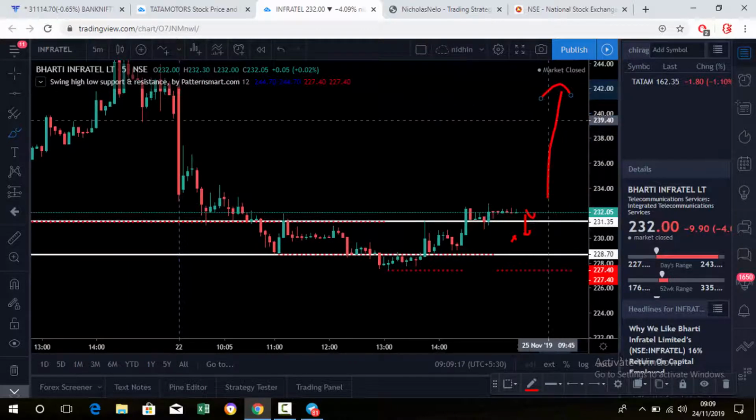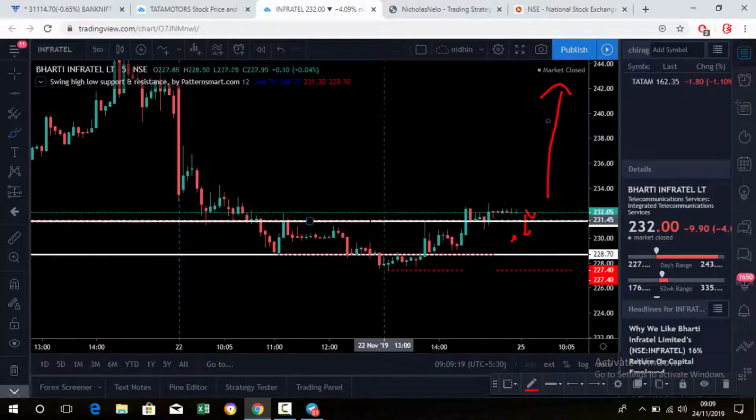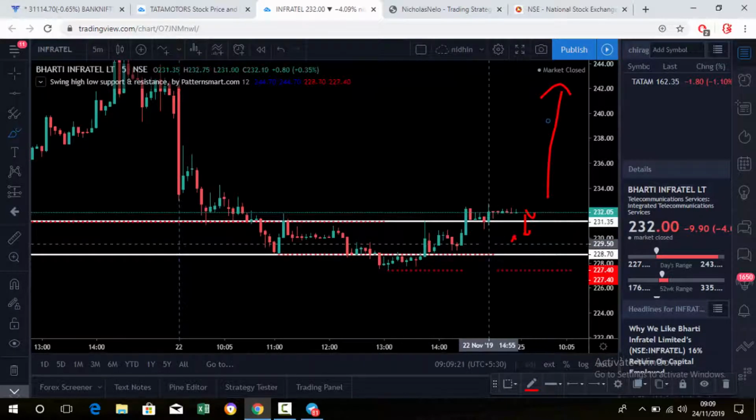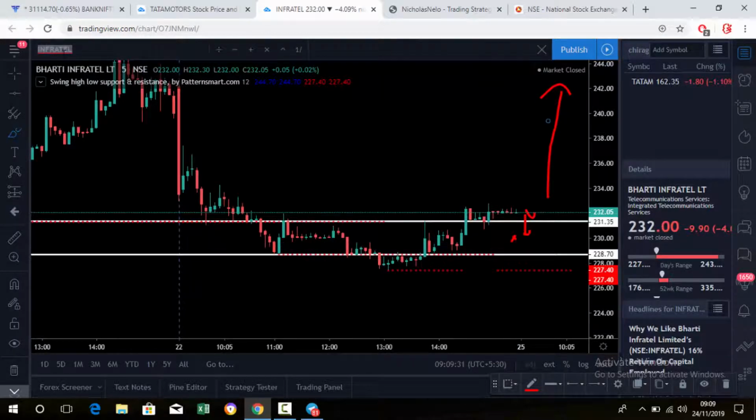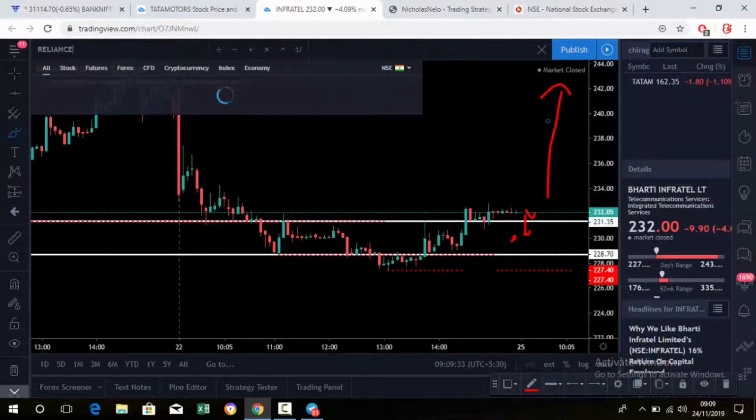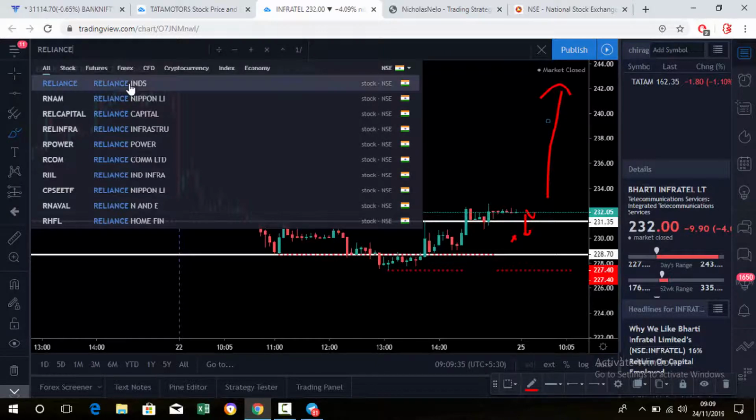So these are the recent swing levels. Those who didn't know how to draw swing high and low, you can use this method. Not only this, selection of stocks is very important, and if you have any favorite stocks like Reliance, you can just type the stock name.